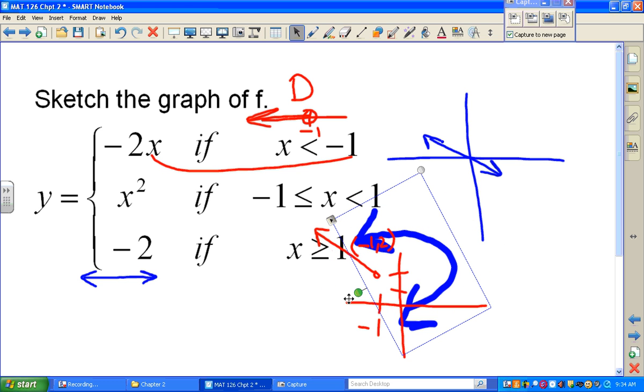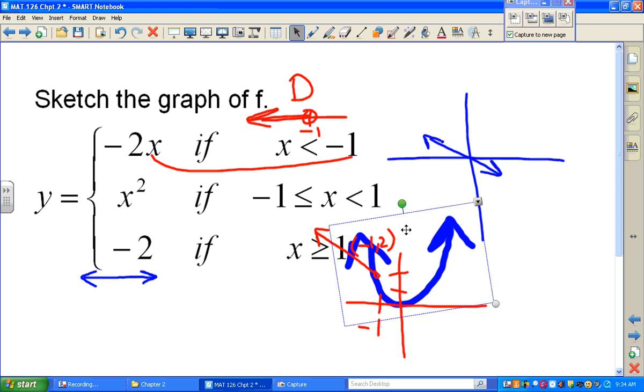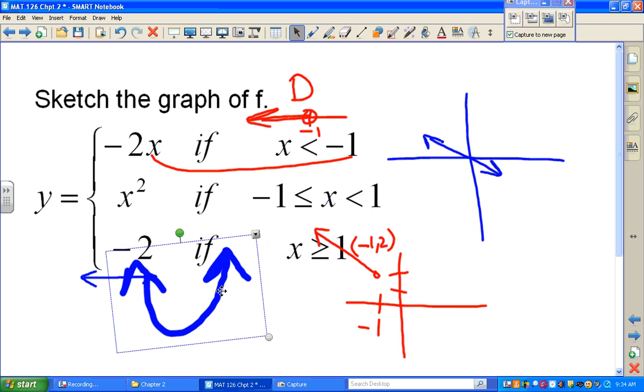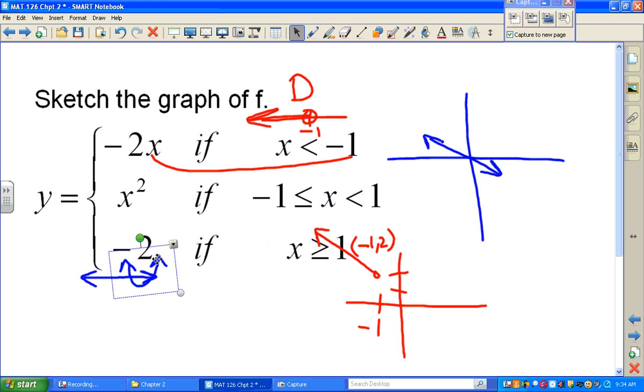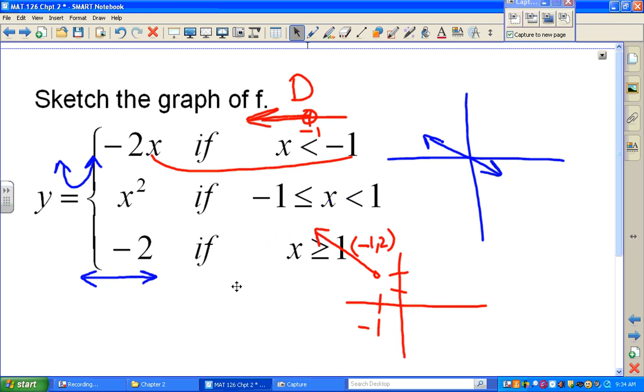The domain. The domain tells me that on my graph, I can't have all the points. I can only have the points negative 1. If I put it in there, I get out 1, don't I? With a closed circle. And my other point would be 1, 1 with an open circle.